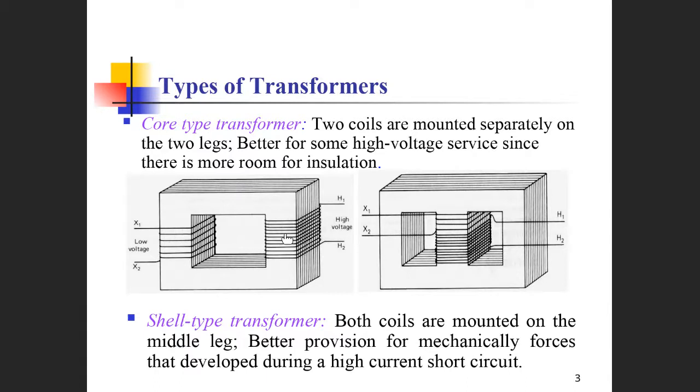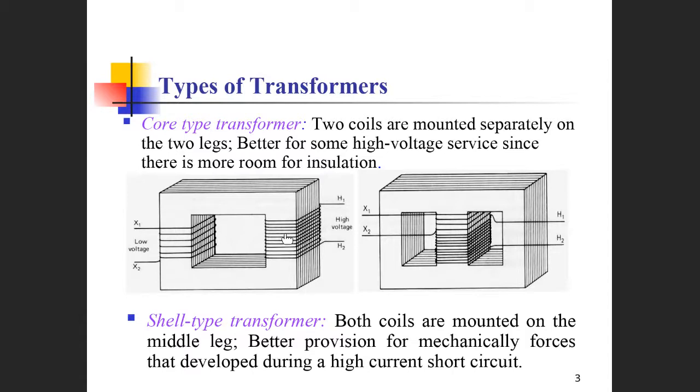This interaction is a kind of strong mechanical force. This mechanical force, acting over the distance between the two coils, produces torques, making the two arms try to move. So this will cause some mechanical damage when the current is too big.